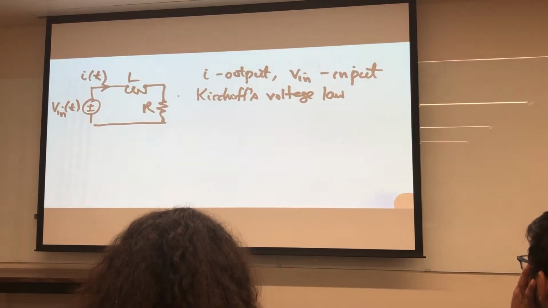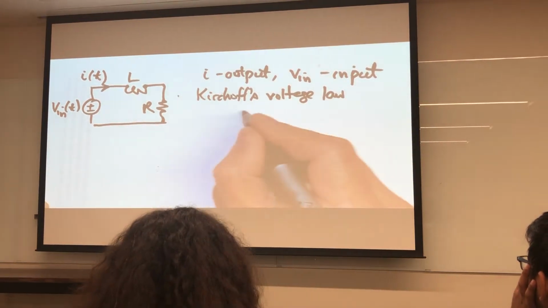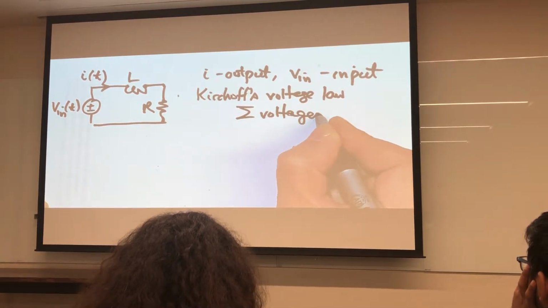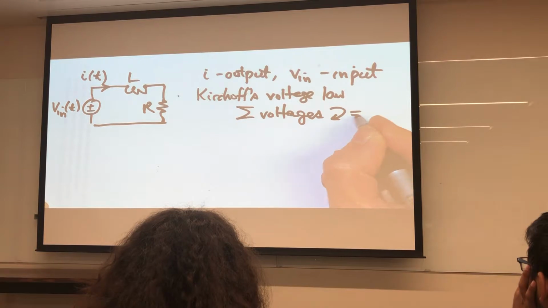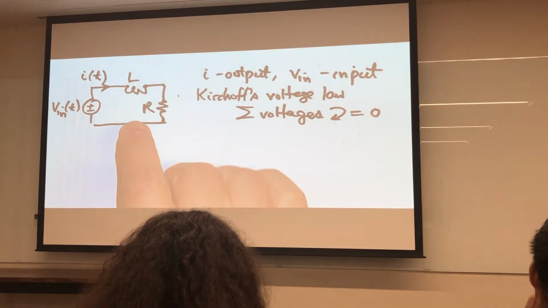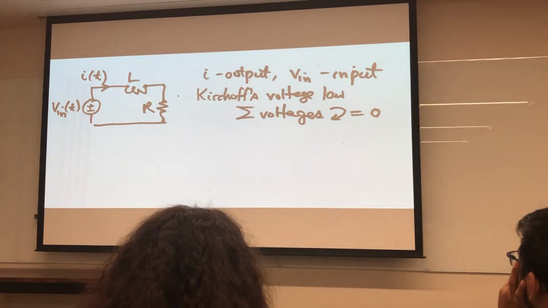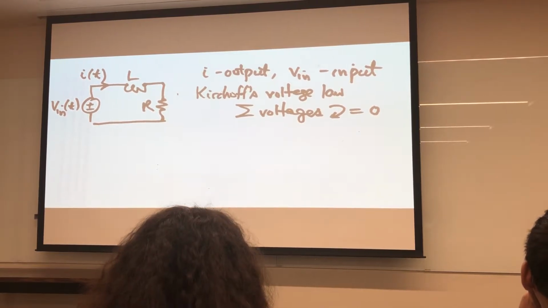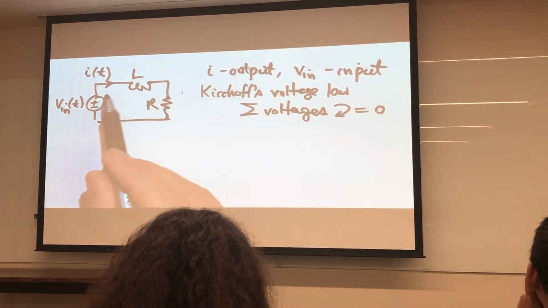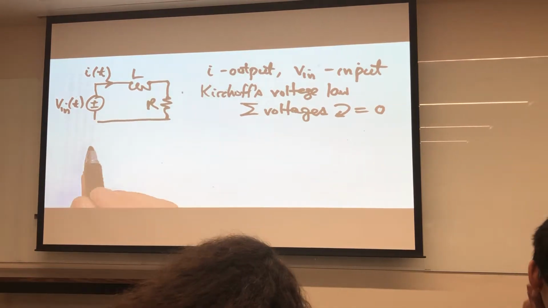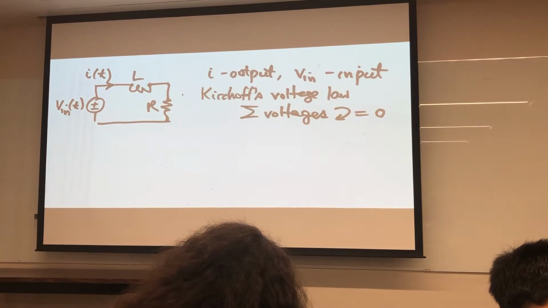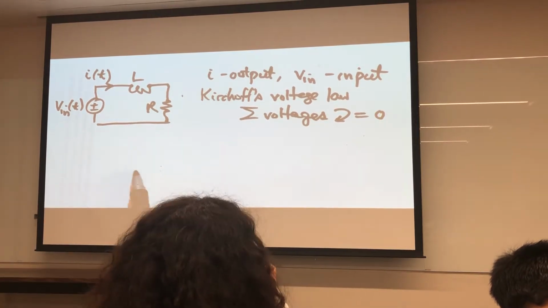Okay, what is Kirchhoff's voltage law? Kirchhoff's voltage law basically says that the sum of voltages in a loop is equal to 0. So if I were to sum all the voltages around the loop, I would get it equal to 0. We may recall that we could redraw this circuit using S-domain notation, Laplace transform notation.